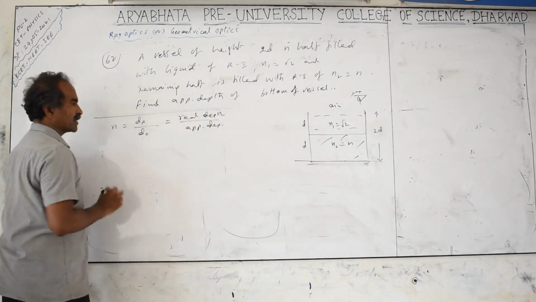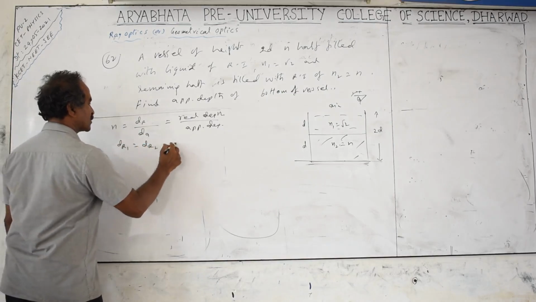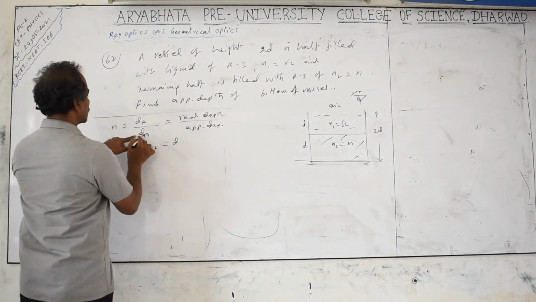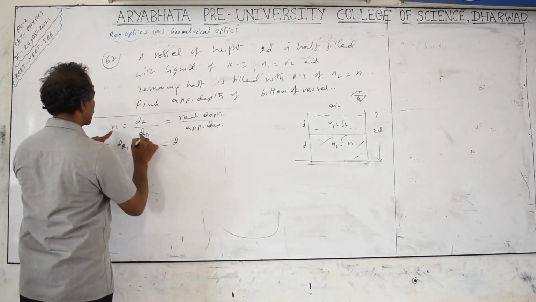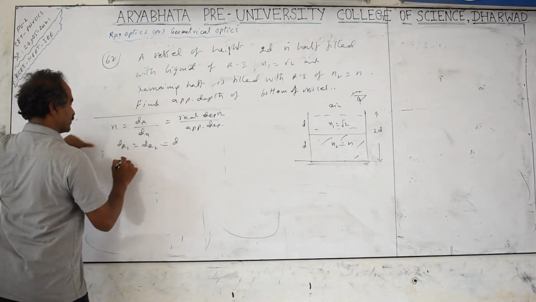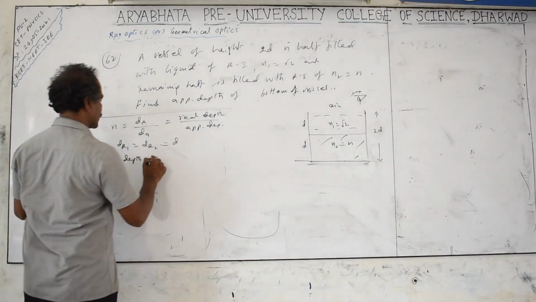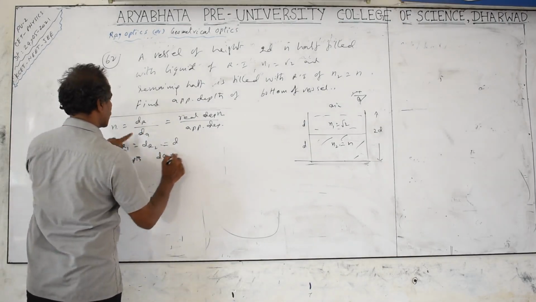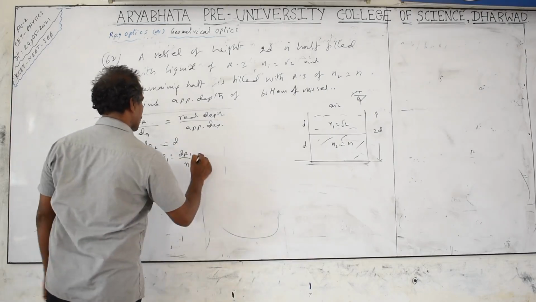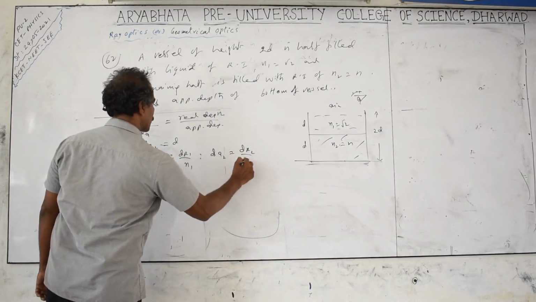Here real depth dr1 equals dr2 equals d, given for us. So dA1 equals dr1 by n1, and d apparent 2 equals dr2 by n2.